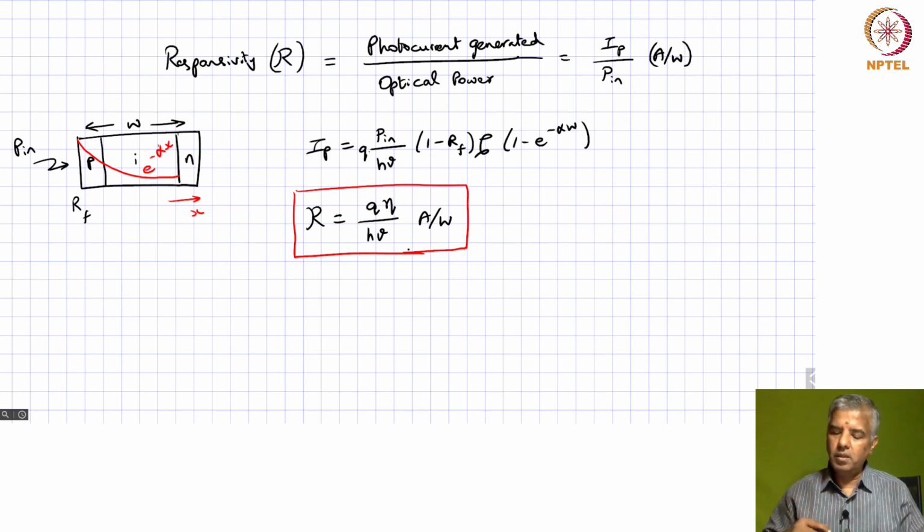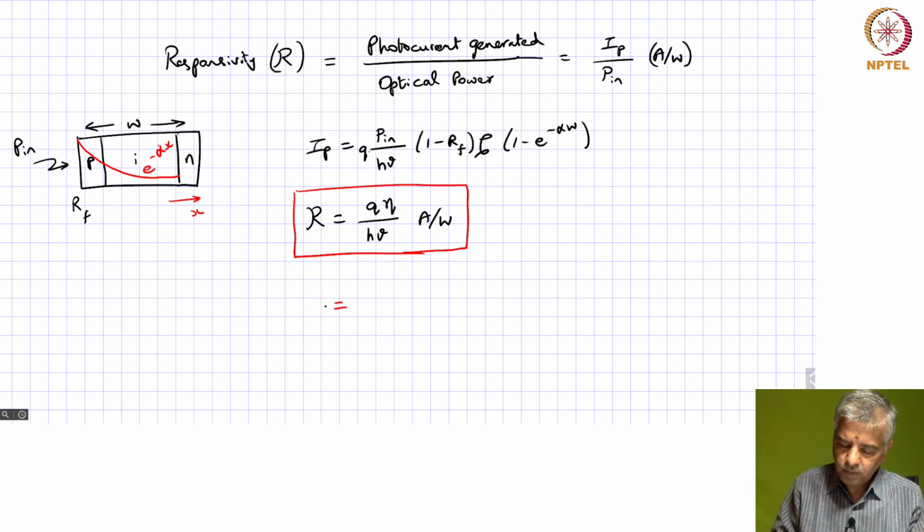So it's interesting to see how responsivity works as a function of lambda. Q is a constant, h is a constant, and nu, the frequency, can be written as c over lambda, where c is a constant.